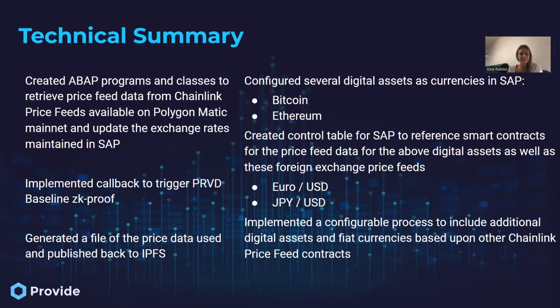And what we're really doing here is that we made it very configurable. There's a table entry so that if you wanted to add additional price feeds for Bitcoin or other currencies, or even fiat currencies, as long as there's a Chainlink price feed for it, you can just drop that information in and keep going.